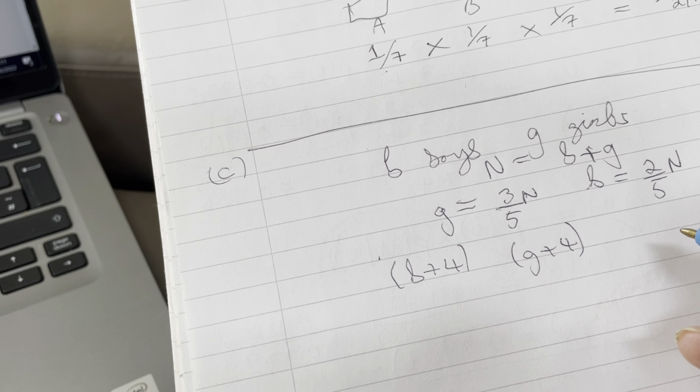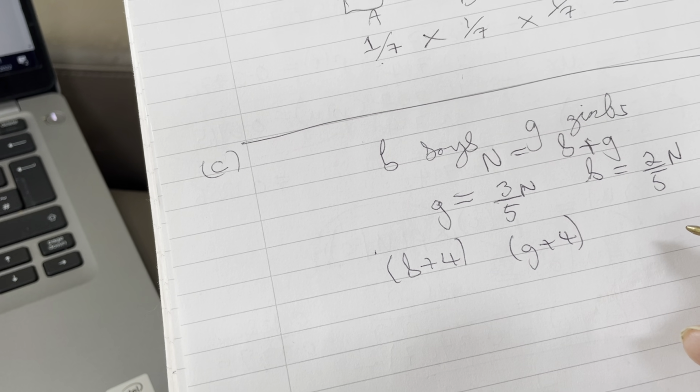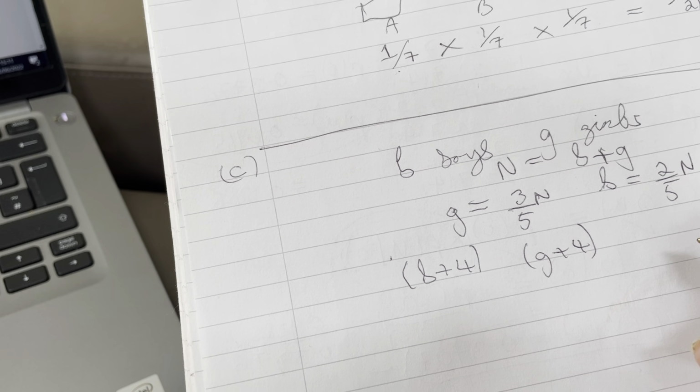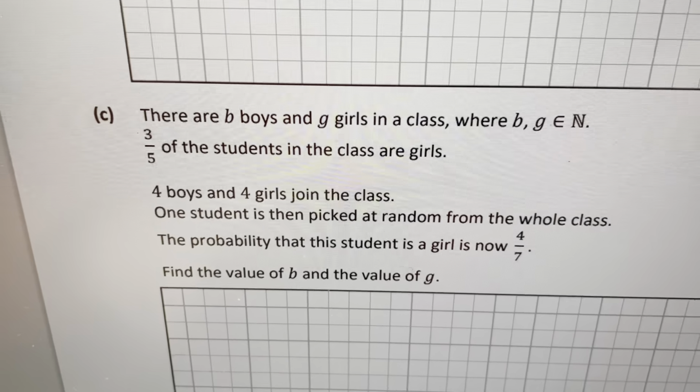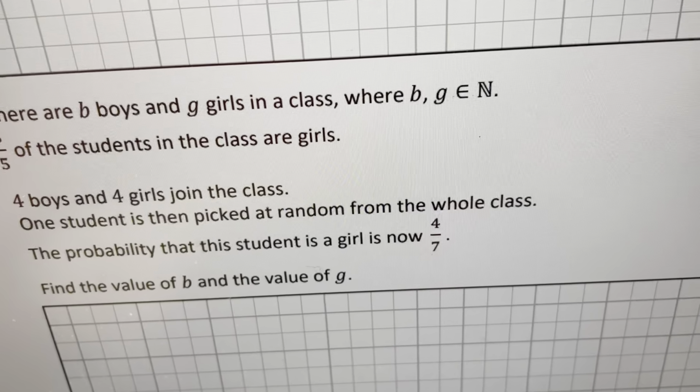So now N has changed, but we know the total number. Okay, so one student is then picked at random from the whole class. The probability the student is a girl is now 4/7.